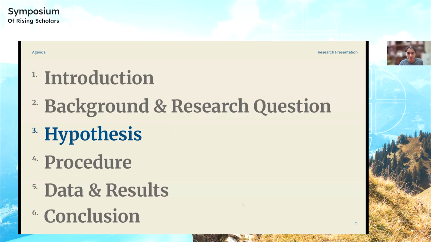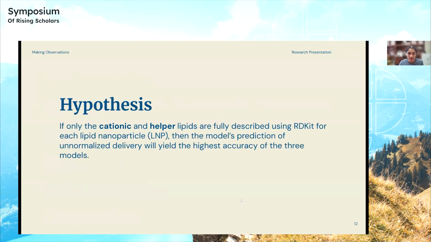Moving on to my hypothesis, out of the components, I hypothesized that if only the cationic and the helper lipids are fully described using the RDKit library, then it will yield the highest unnormalized delivery prediction accuracy.